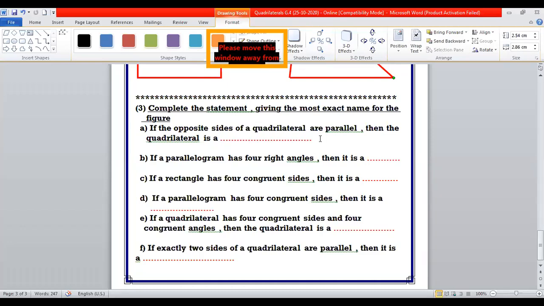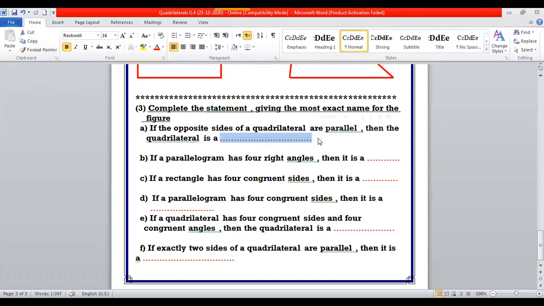Opposite sides are parallel in the parallelogram, in the rectangle, in the rhombus, and in the square. But guys, the king of this family is the parallelogram. If the question says the opposite sides are parallel only, it will be a parallelogram.